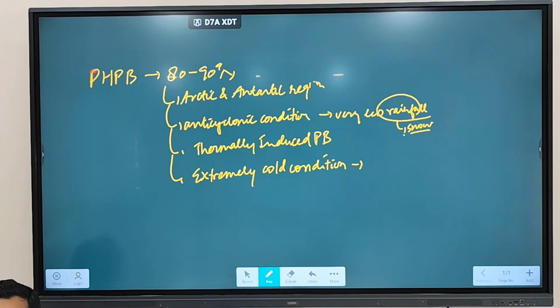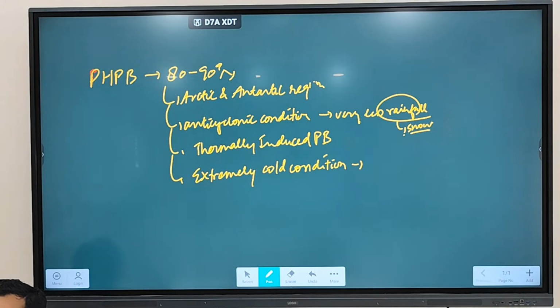We discussed the subpolar low pressure belt: is it thermally induced or dynamically induced? It is a dynamically induced pressure belt. Fine. In which pressure belt do you see Icelandic low and Aleutian low? In the subpolar low pressure belt. Fine. So those things you have to keep in mind with regard to pressure belts.